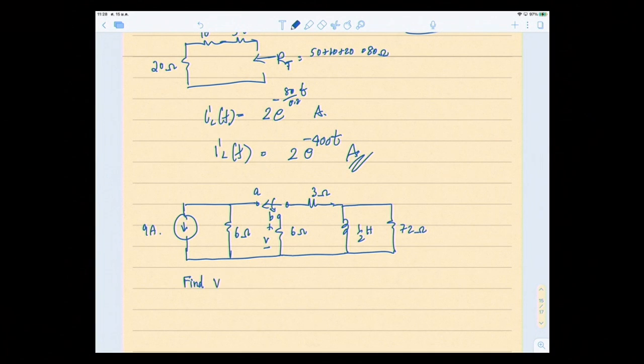Find V of t for t greater than 0. The switch changes from A to B at t equal to 0. This is the condition.